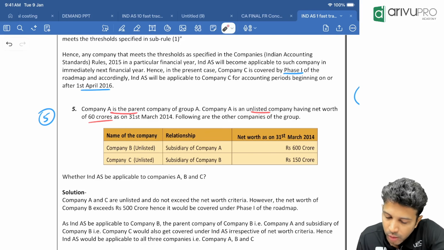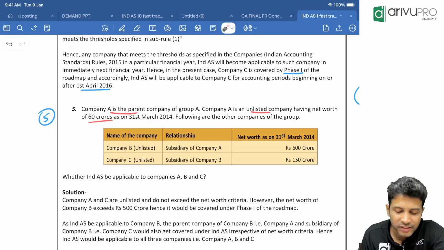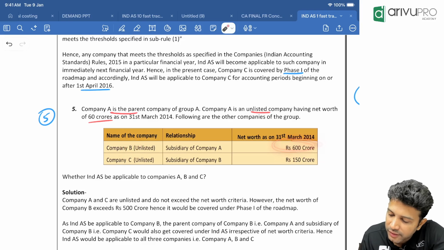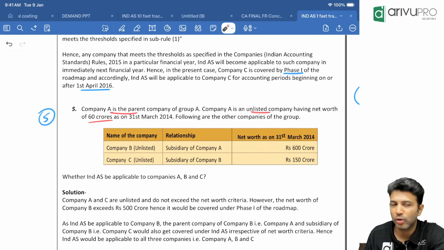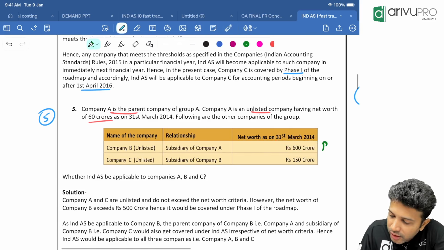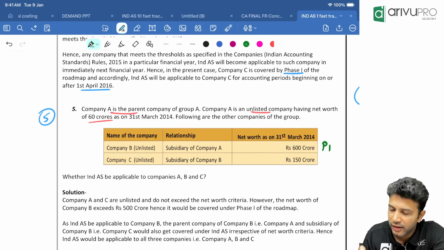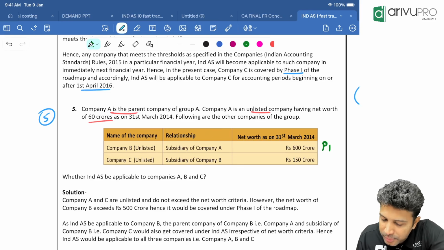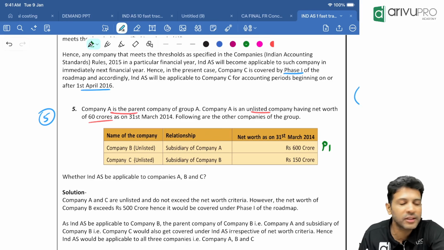Now, what is B's net worth as on 31st March 2014? 600 crore. So it is 500 crores or more. That means company B comes under phase 1. All right. Now, subsidiary company C's net worth is 150 crores.